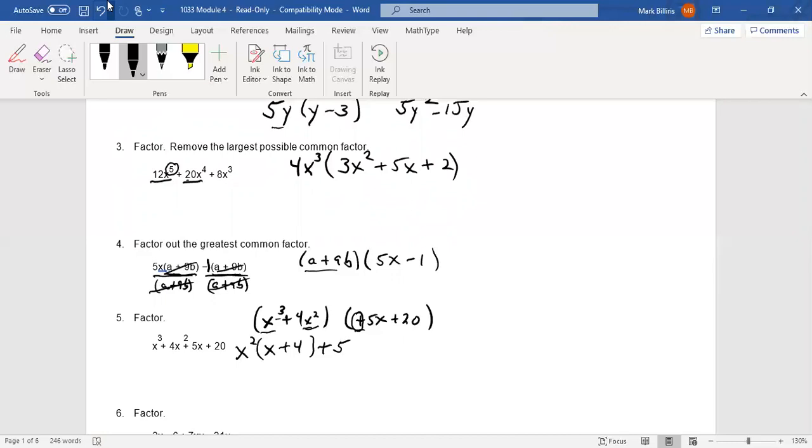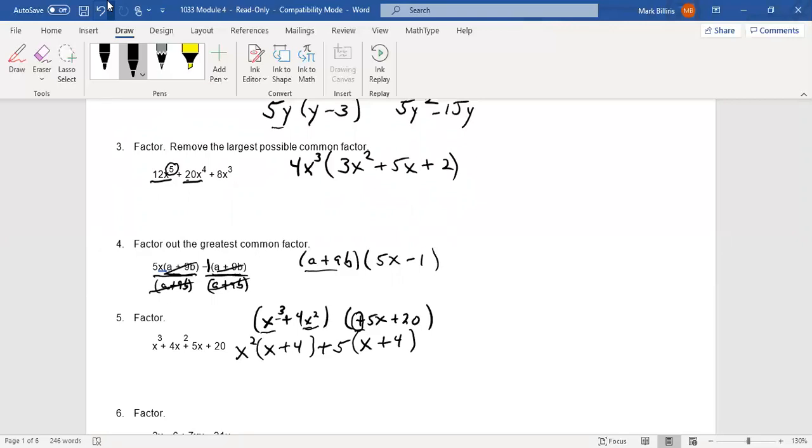The first term has an x, but the second one doesn't, so I can't take out an x. So what I'm going to do is divide each term by positive 5. The first term, when I divide by positive 5, would just leave me an x. In the second term, I'm dividing positive 20 by positive 5, and that gives me a positive 4.